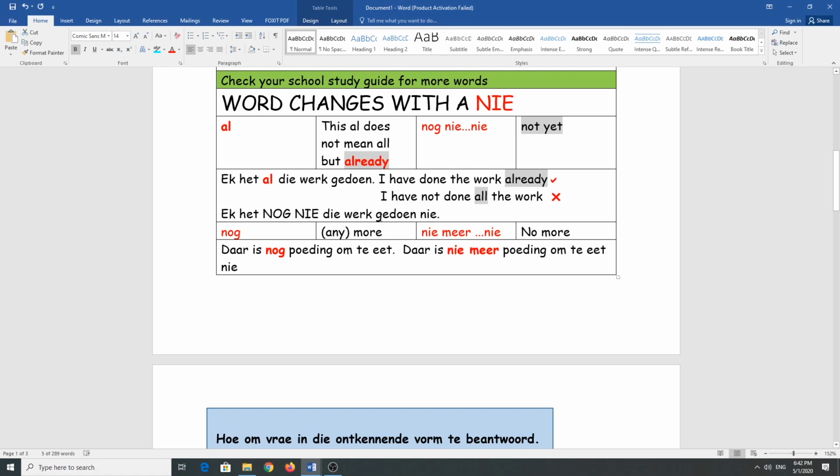Ek het nie al die werk gedoen nie. When it means already, like in this sentence, ek het al die werk gedoen, here it does not mean all the work, but I've done the work already. Then you will make it negative by saying, ek het nog nie die werk gedoen nie.